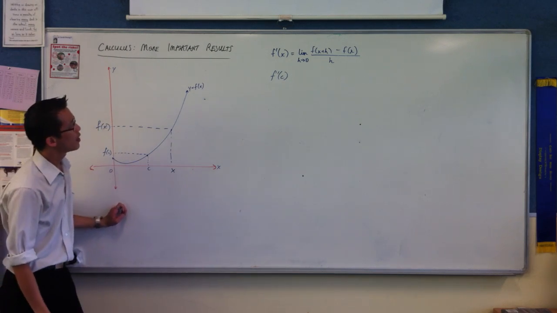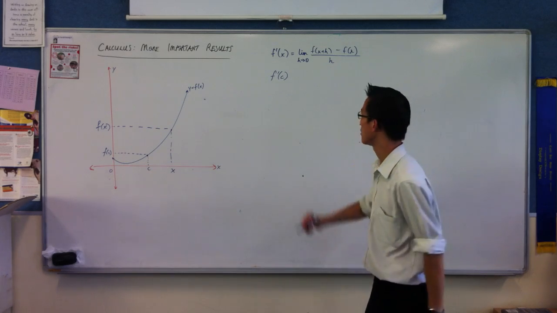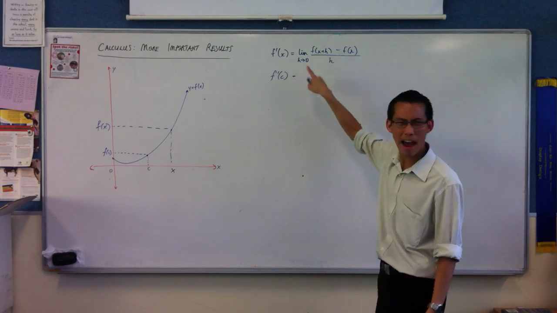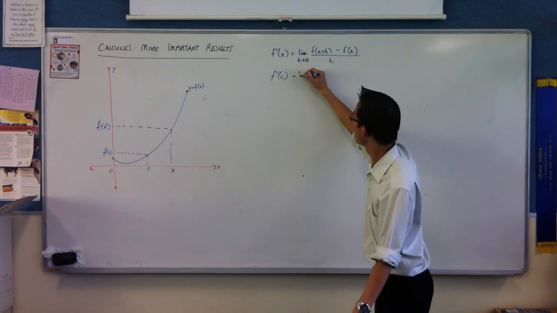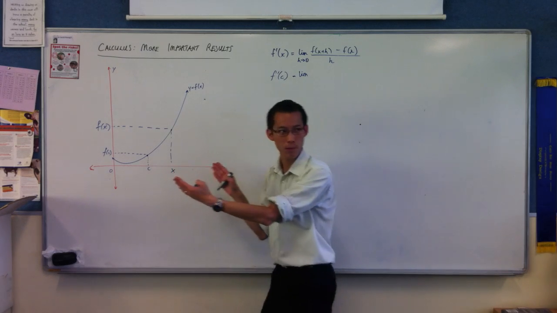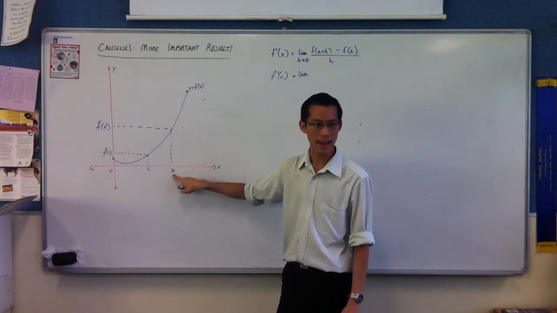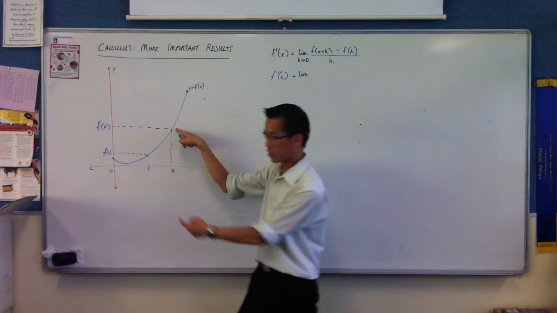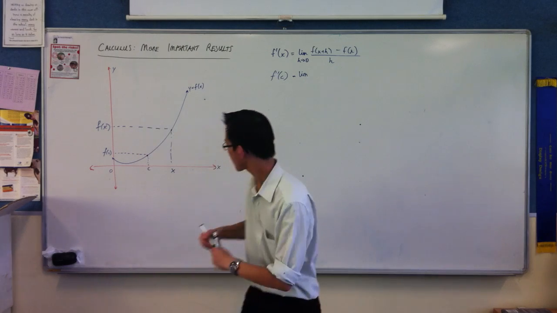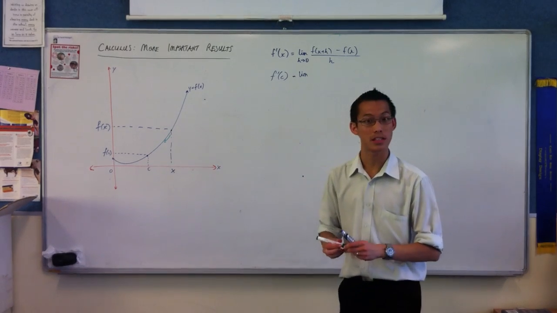Now I want to work out this gradient at this particular point c. It's going to work out in much the same way, except there are going to be minor differences up here. For instance, there's no h. There's no distance here that's approaching 0. Instead, what I want is for this point to move towards the other point. So I want it to edge its way closer to c.